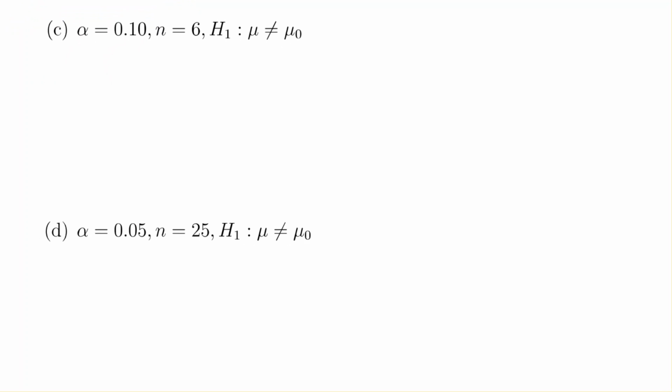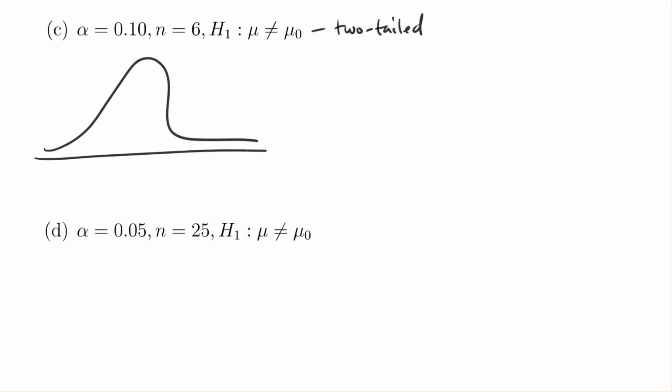Now we'll go through C together, and then I'll ask you to pause the video and attempt D on your own. Reading through this, we have alpha is 0.10, n is 6, and our H1, or alternate hypothesis, is mu can't be equal to mu naught. Now we quickly recognize this as a two-tailed test. So I draw my sketch.